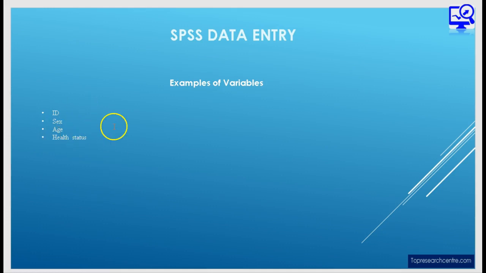I want to enter these variables into SPSS and show you how you build your data set. I am assuming that these variables have been derived from the questionnaire we used in our survey. Let me now open SPSS and show you how you enter data into SPSS.